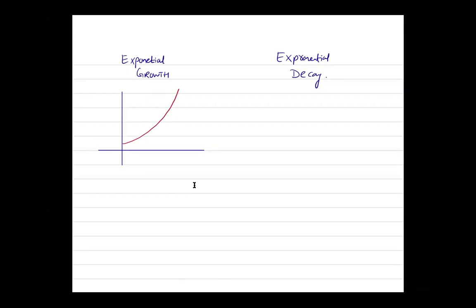For exponential decay, it's decreasing. It decreases from a value and then the graph levels out. I mean, it's closely approaching a value. So this value is the maximum value it can achieve. So, exponential growth and exponential decay.